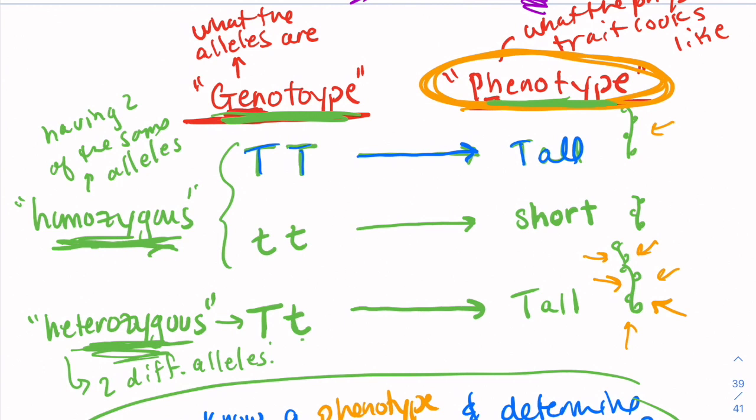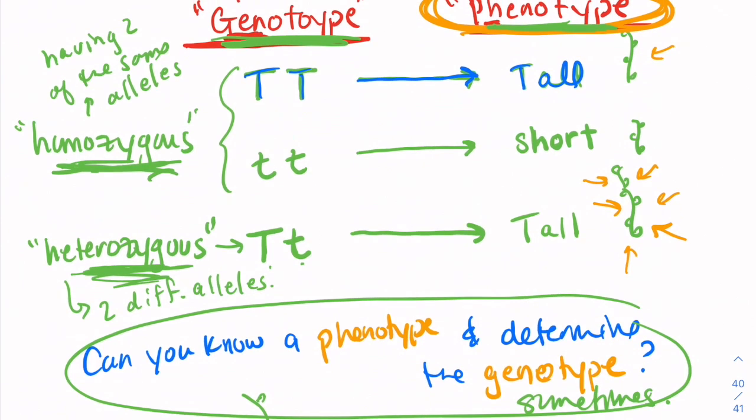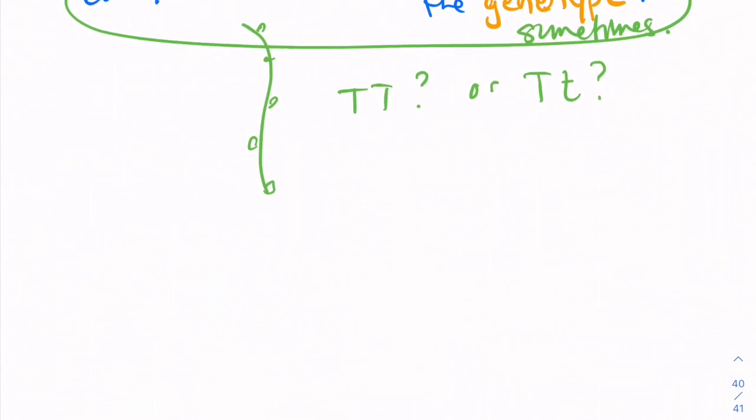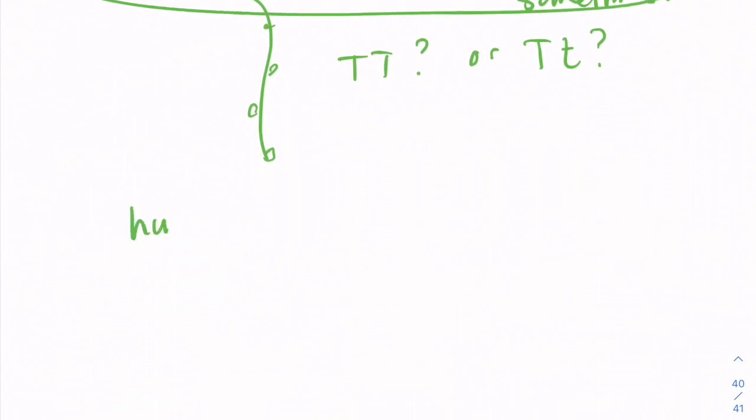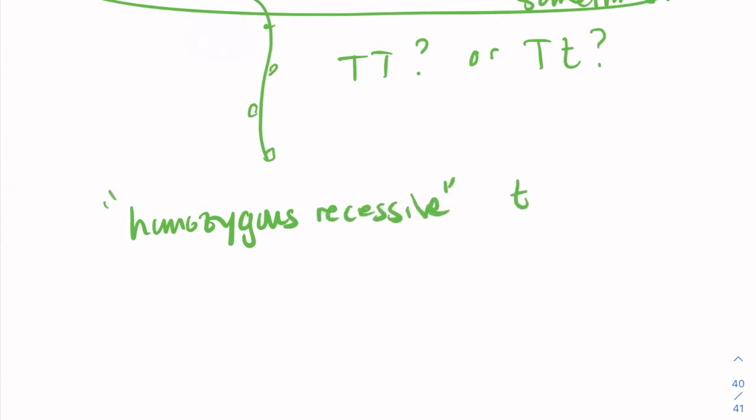But here's the rub. If I say this plant is homozygous, which one is it? Is it homozygous for the dominant allele or homozygous for the recessive allele? So we have to use our words. We have to use words like homozygous recessive. In this case, it would mean two recessive alleles, and I would draw it as two lowercase t's. But don't be saying little t, or for homozygous dominant.